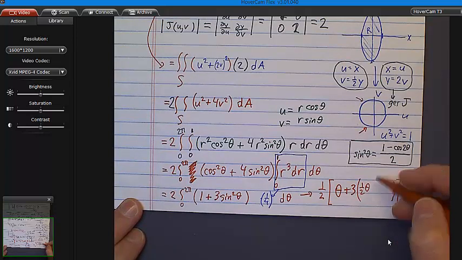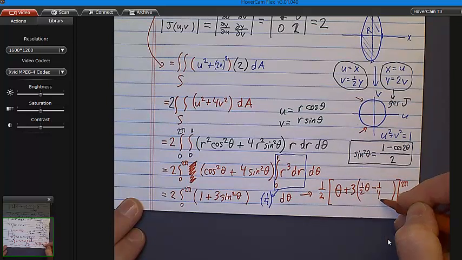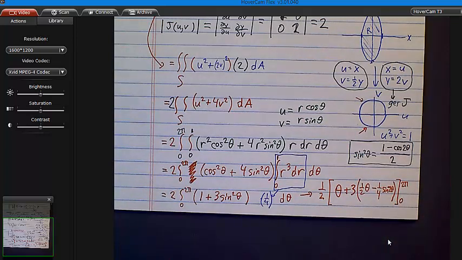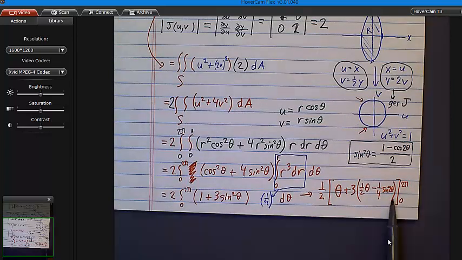It's sine. So it'd be negative 1/4 sine of 2 theta. Why is it negative 1/4? Yeah, that's that chain rule thing I pointed out way early in the class. Remember that?